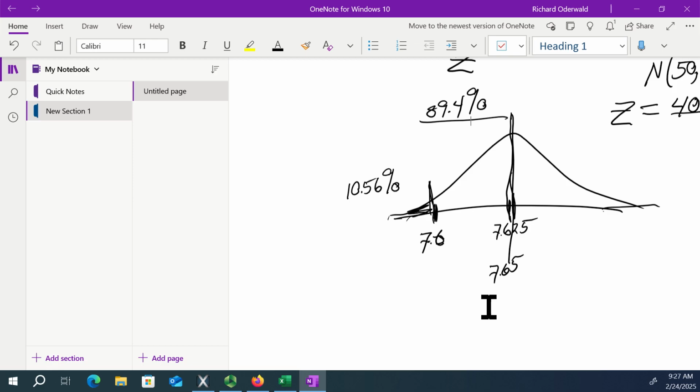89.4% of the distribution. So the area between them, the probability that something is bigger than 7.6 and less than 7.65 is the difference between these two.